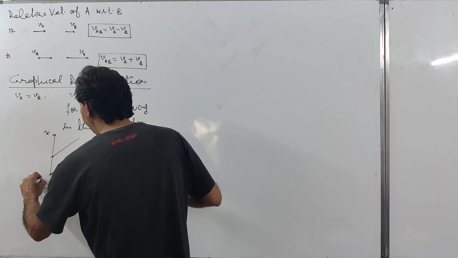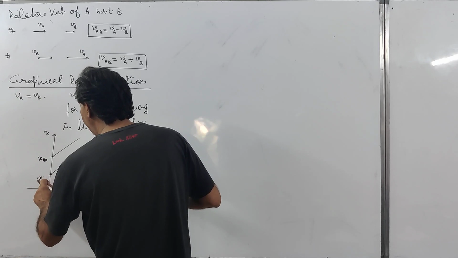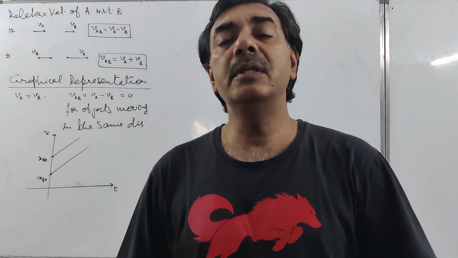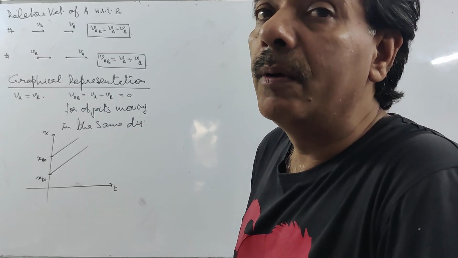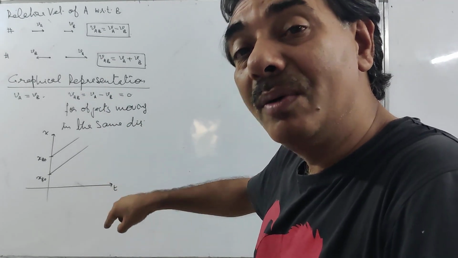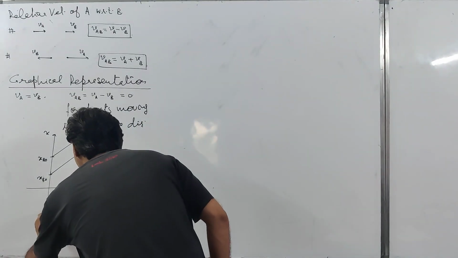Here, this is x a naught, and this is x b naught. What does this mean? It means that at t is equal to 0, they were not at the same point, and x a naught was more than x b naught.